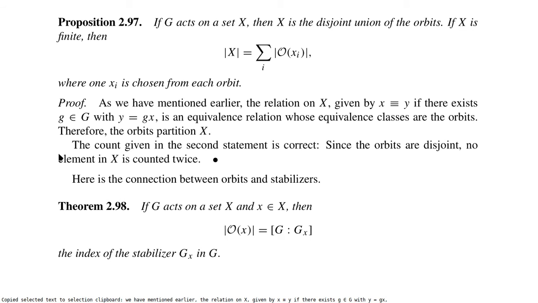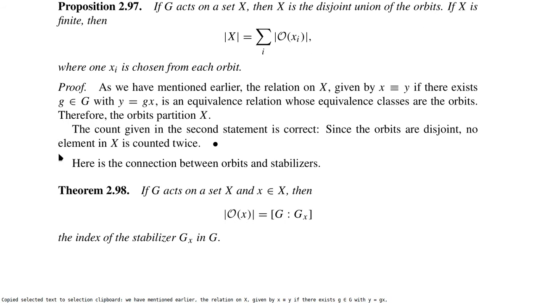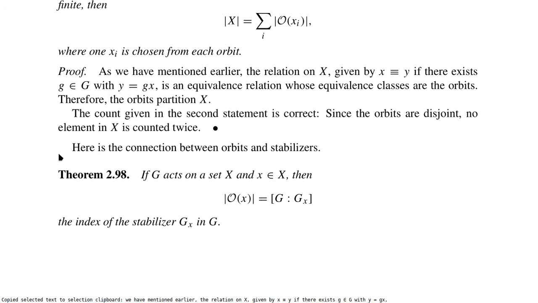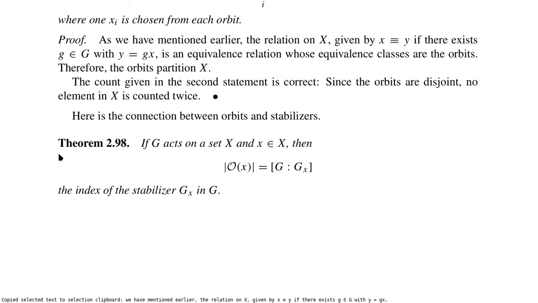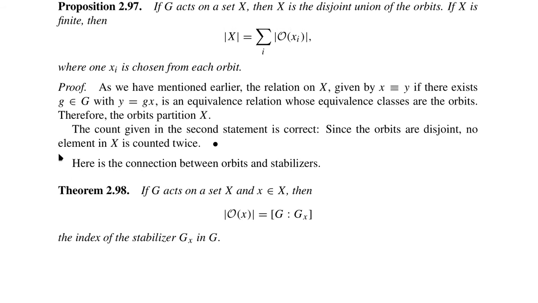So even if you just take the cardinalities of all the disjoint subsets, they will add up to the cardinality of the set itself. So that's this proposition.